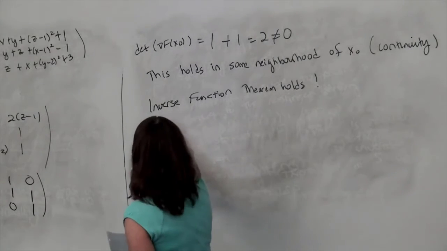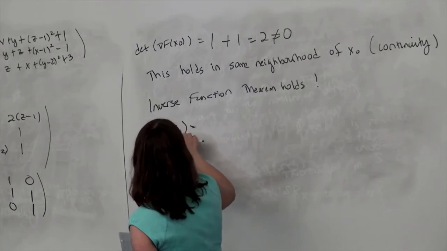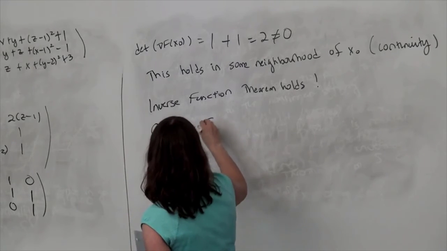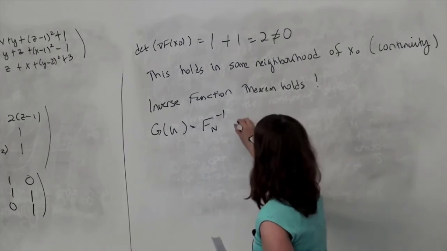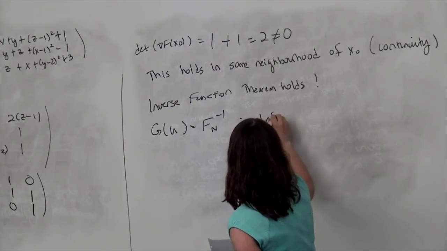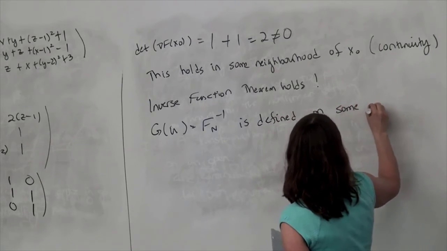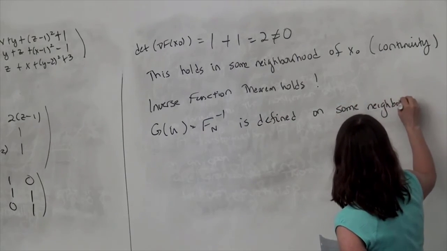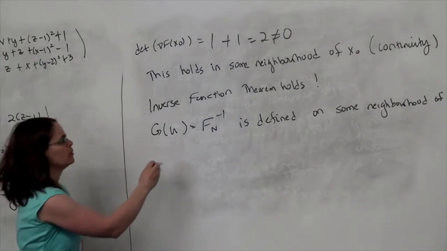Okay, so this guy, which is the inverse of f on some neighborhood, is defined on some neighborhood of my reference point.